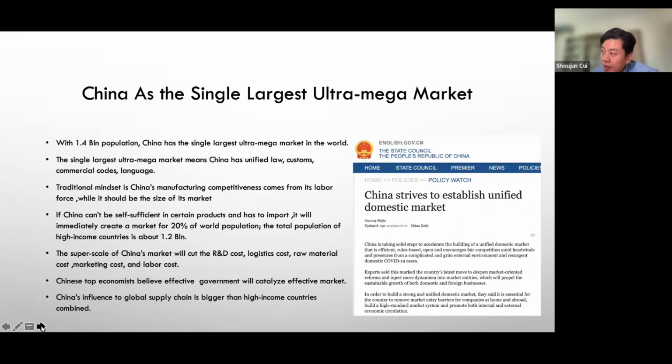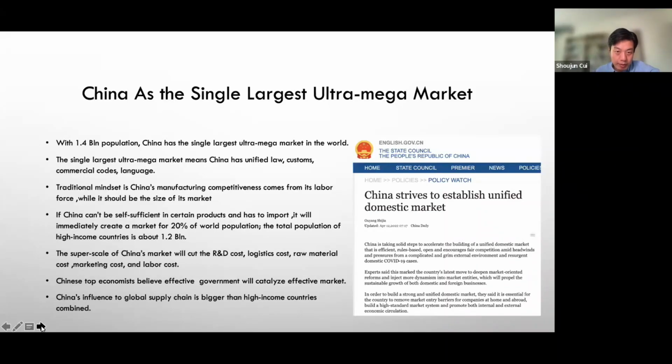As I explained, China's population is about the population of the developed economies combined. So the single largest ultra mega market means that China has a unified law. We have unified customs, just like the EU 27 countries. We have the unified commercial code, and also we have a unified language. That makes China very different from India.